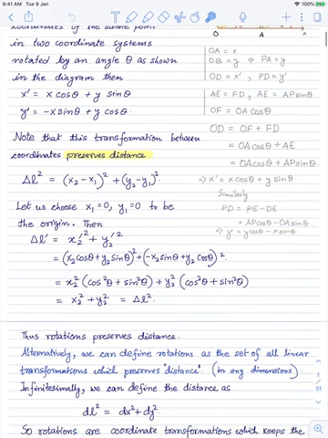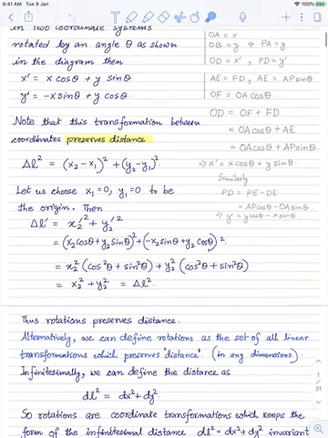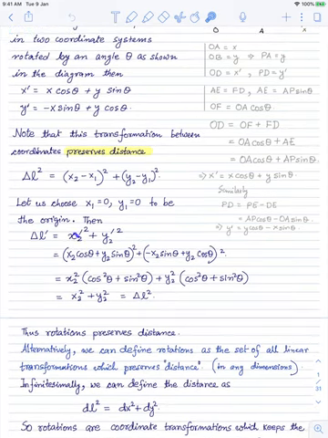So let us choose x1 and y1 to be the origin. Then you see that under this set of transformations, the distance, which is x2 square plus y2 square, is invariant, because that is going to be the distance in the primed coordinates as well.